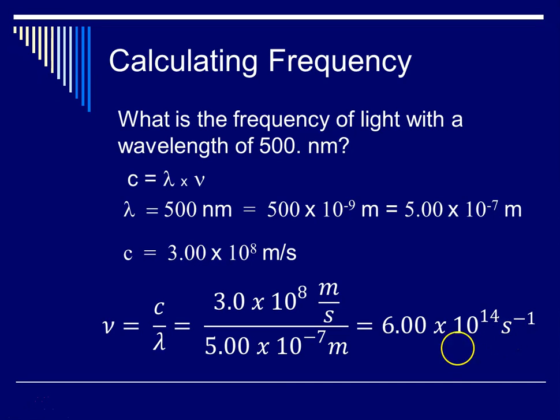Now, it is noteworthy to tell you that the frequencies that correspond to visible light, so this wavelength region of roughly 10 to the minus 7th meters, will typically have a frequency in the order of 10 to the 14th inverse seconds.